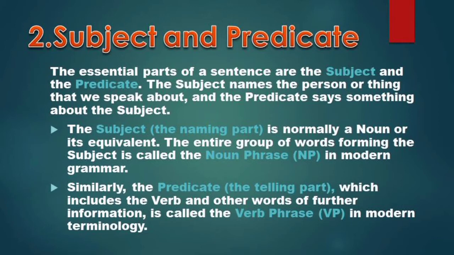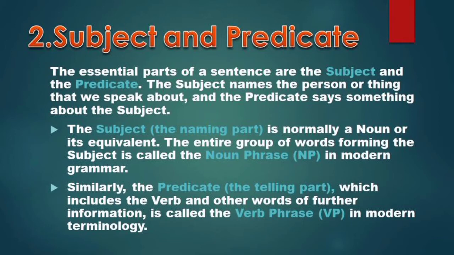Similarly, the predicate, or the telling part, which includes the verb and other words of further information, is called the verb phrase, or VP, in modern terminology.